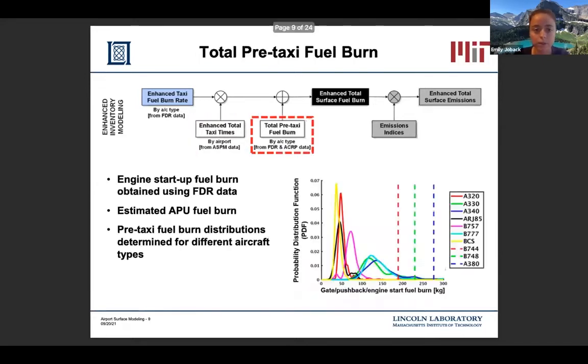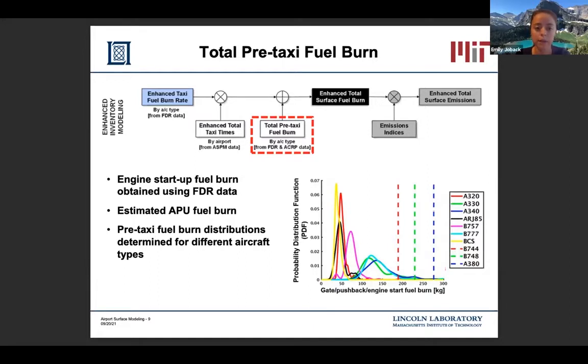Next slide, please. So the final thing that we looked at was incorporating pre-taxi fuel burn, which is currently not considered in the ADT model. We did this by using the flight data recorder data set, and from there getting the engine fuel burn for each aircraft type. In addition to the engine fuel burn, we also considered the fuel burn from the APU.